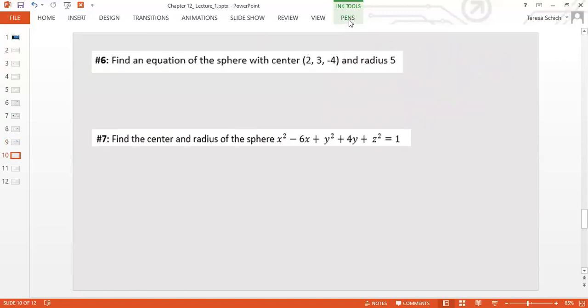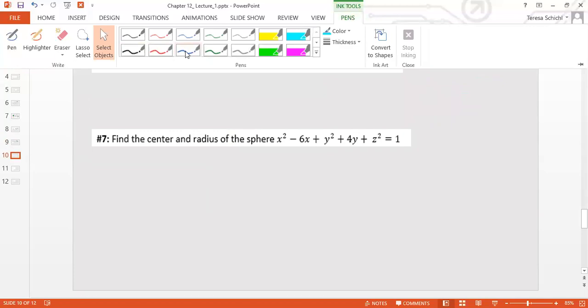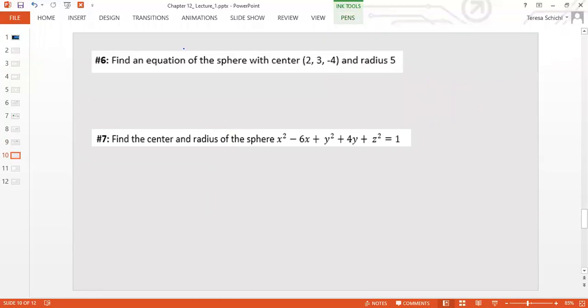The first one is pretty easy. Write the equation of a sphere with center (2, 3, negative 4) and radius 5. So we say x minus 2 squared plus y minus 3 squared plus, for z, it should be z plus 4 squared, because we set each one equal to 0 and solve for that.